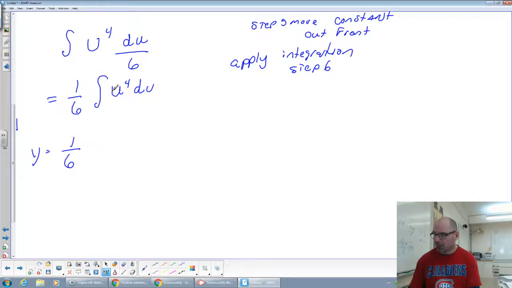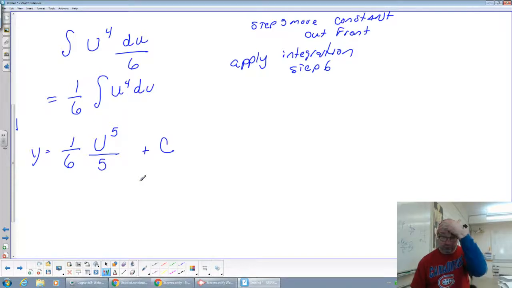Now we're going to go u, 4 plus 1 is 5 over 5 plus c. Okay, that's where we're at. Do some multiplying here. This would be u to the 5th over 30 plus c.